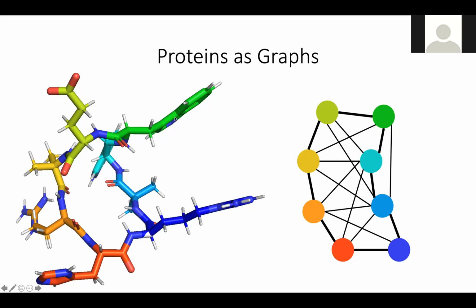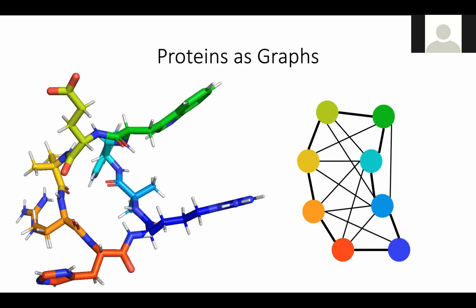So for example, this green and this blue, if you just twist the side chains, they might clash. So there should be an edge. Well, I guess I didn't draw one. Bad example. There would be an edge between this node and this node if I wanted to model that potential interaction.